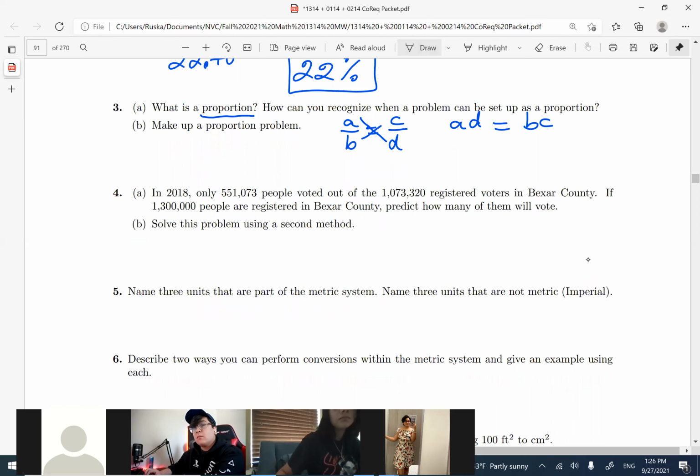Nobody? So 15 over, okay, you're just giving an example, 15 over something, right? 15 over C equals 2 over 2.4. Okay, so this question, we're going to leave it, we're going to work it in groups, okay? So let's do that.